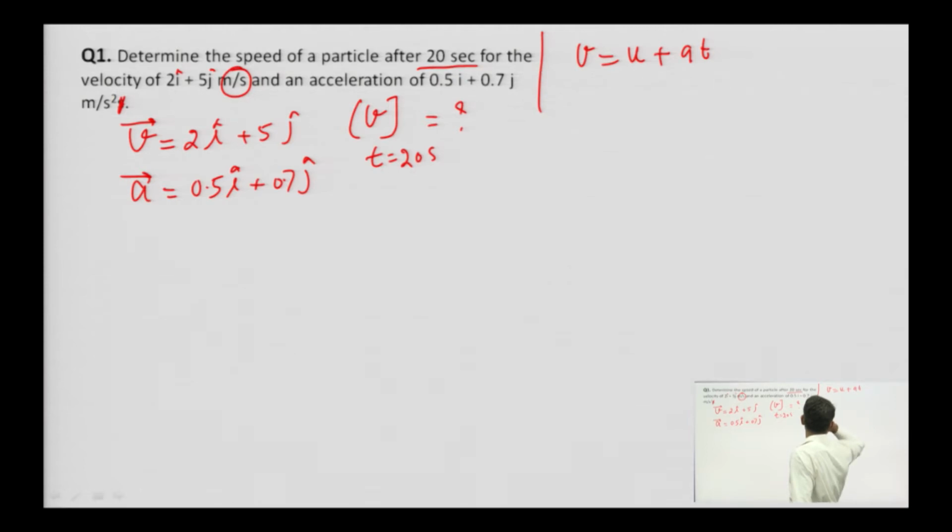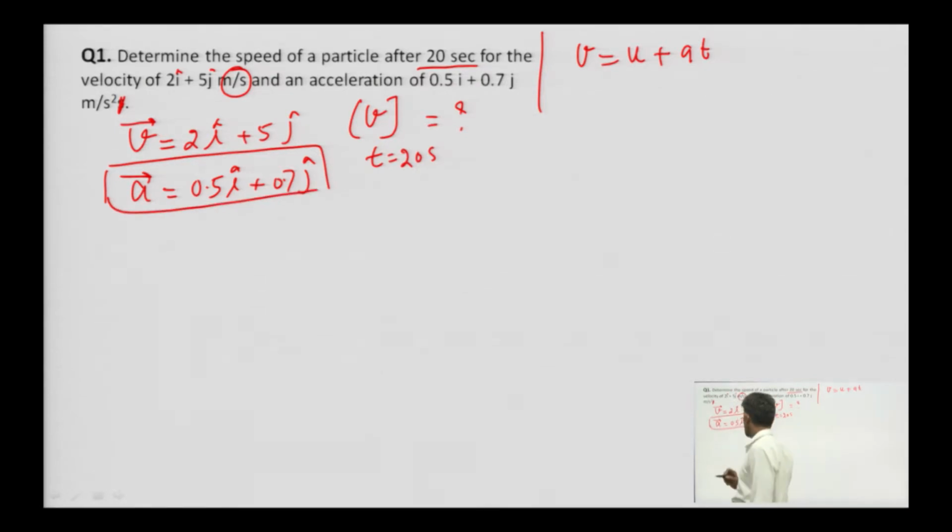This is the first equation of motion. What message is this equation giving? It says that in the x axis acceleration is constant and that value is 0.5, and in the y axis acceleration is constant and that value is 0.7.